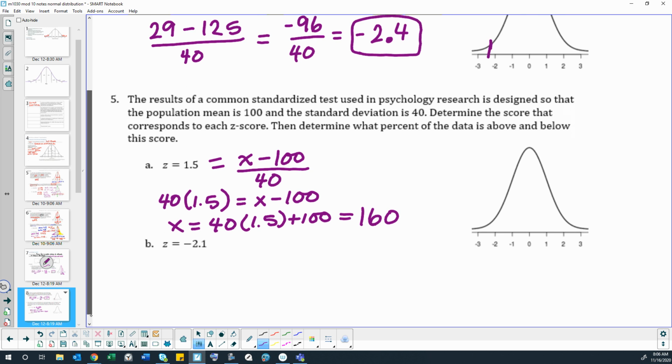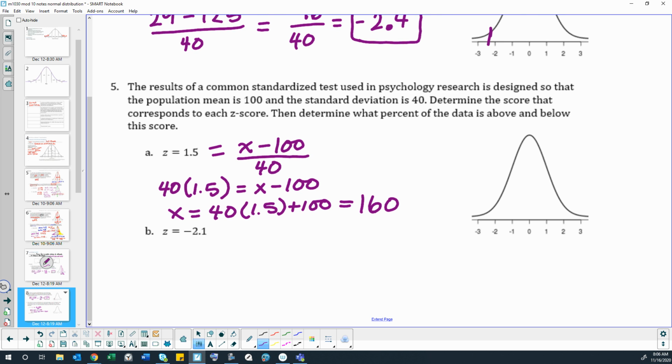Okay? So let's go ahead and I'm going to let you practice this one really fast, finding the score. I want you to find the raw score on B for me, negative 2.1 z-score. Go ahead and work through it just like I did the last problem. Do it on your own. I'm going to go through it with you. So we're going to do what we did in the last problem.